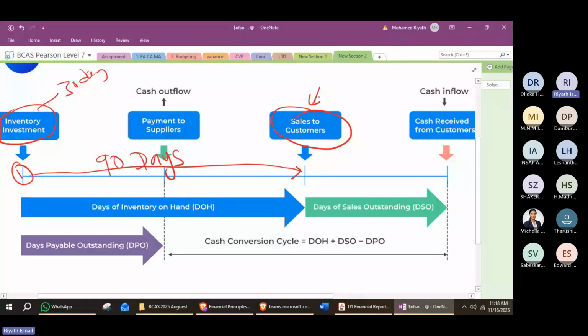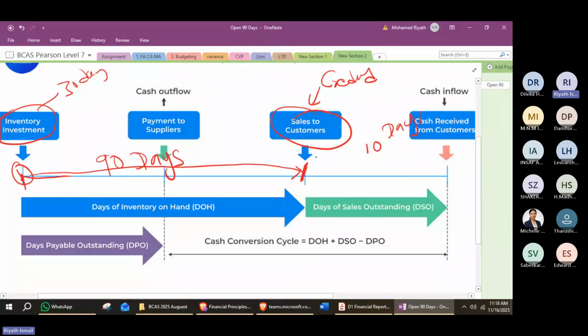At this moment, you make the sale on credit, and the customer says he will pay in 10 days. So today you buy the inventory and keep it in your store for 90 days.